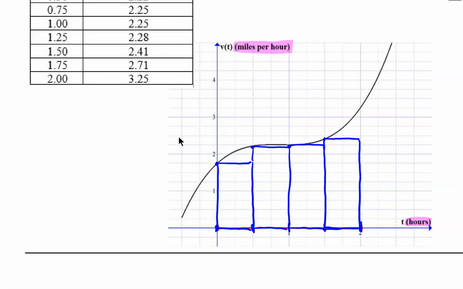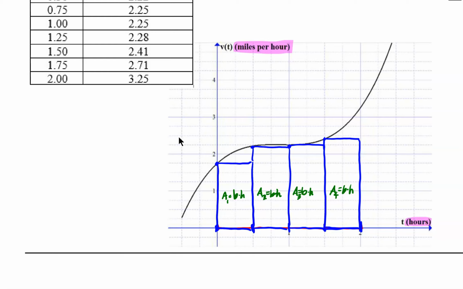And for each of these rectangles, we're going to find the area by considering base times height. So area of the first one, base times height, area of the second, base times height, area of the third, base times height, and area of the fourth, base times height.